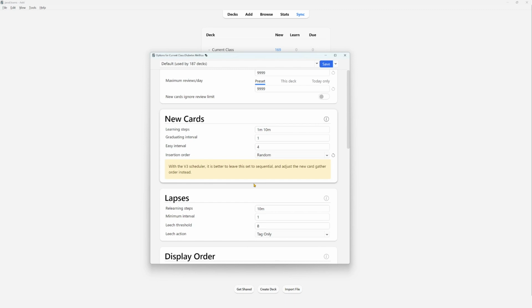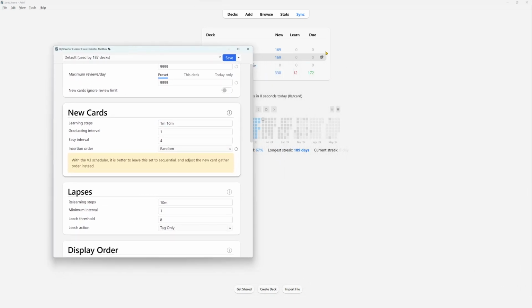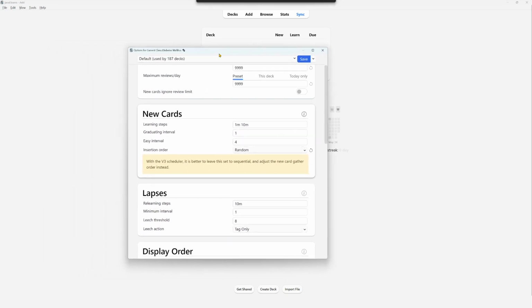That's because I want to see things at different times and really hone in on that interleaving part of learning information, because I don't want to be able to guess what's coming next. You want to see different cards at different times, and that way you can really test yourself on the information. So I keep this at random on all decks. And bear in mind, you can change the options of all these decks to be specific for each one if you'd like, but I keep that the same.